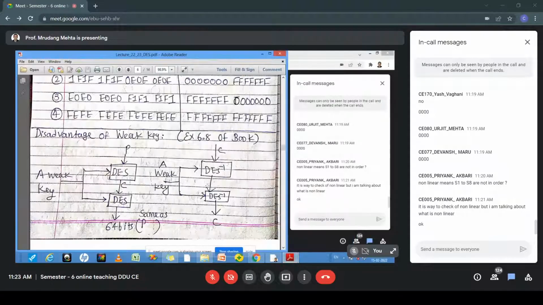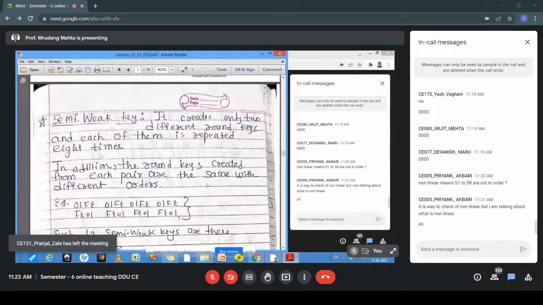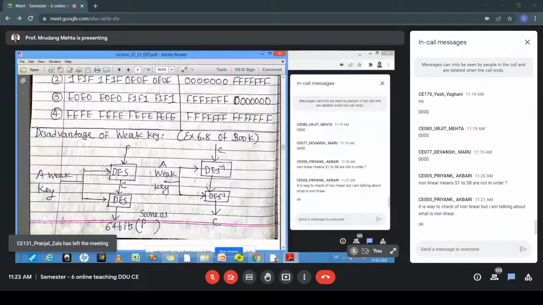So this is about weak keys. The disadvantage is that plain text after two times DES generates the same plain text. So we have actually nullified the effect of the encryption with a weak key.